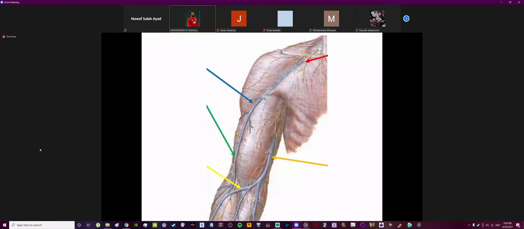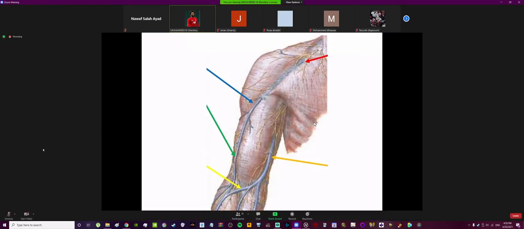Okay, we'll jump to the upper limb. In the upper limb, we have arteries and veins. The veins are very, very easy. You have to identify superficial and deep veins, and where the lateral and the medial sides are. This is lateral and this is medial.